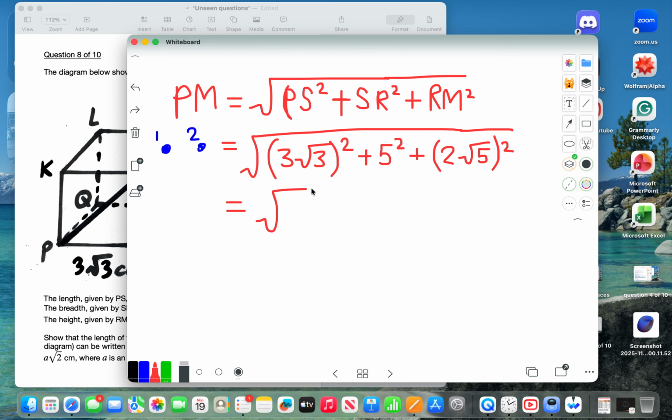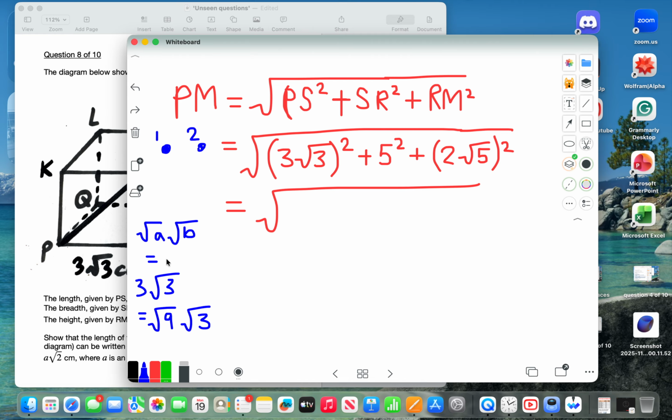But 3√3, well, 3√3 is √9 times √3. And if we have √a, √b, then that equals the square root of a times b, or ab.